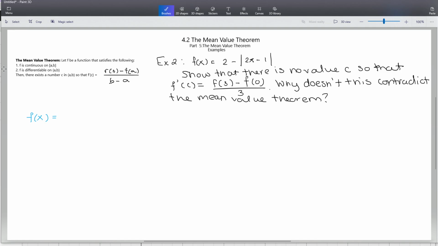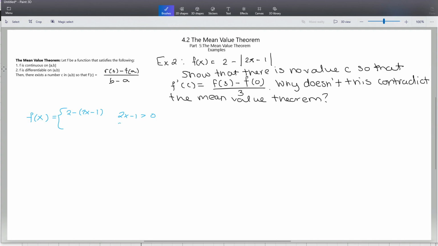Now if 2x minus 1 is positive, then the absolute value is doing nothing. So this is just going to be 2 minus 2x minus 1. If your number is already positive, the absolute value doesn't change that number at all, so we can just take out the absolute value.